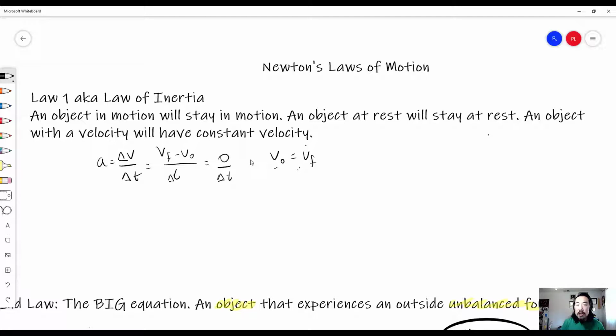That means your acceleration is 0 meters per second squared, which is the law of inertia. As long as there is nothing affecting the motion of an object, it'll continue doing its thing.